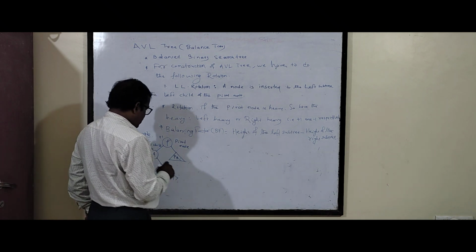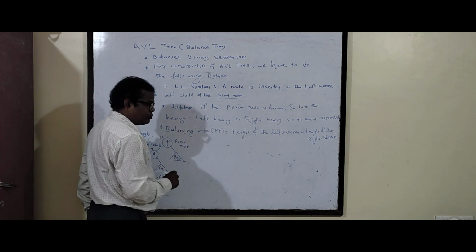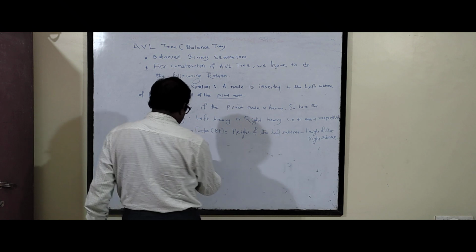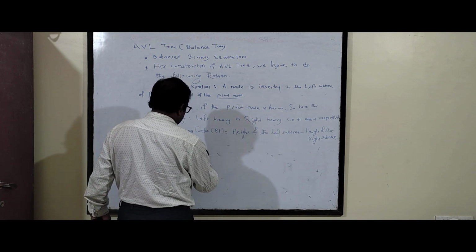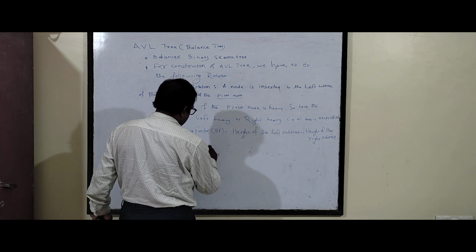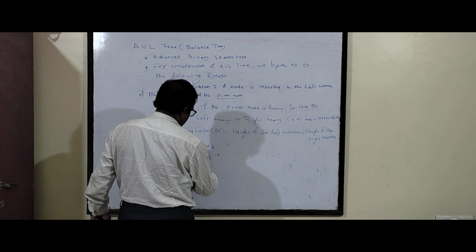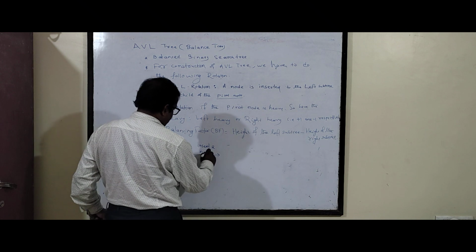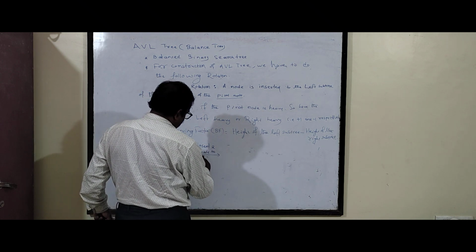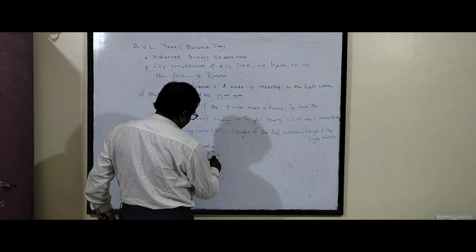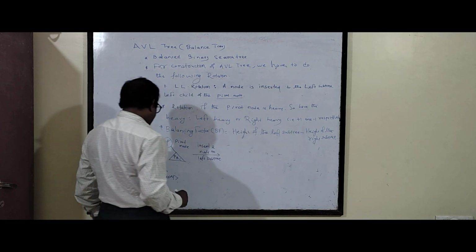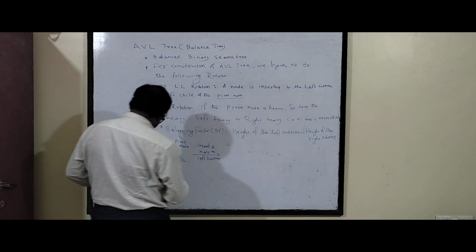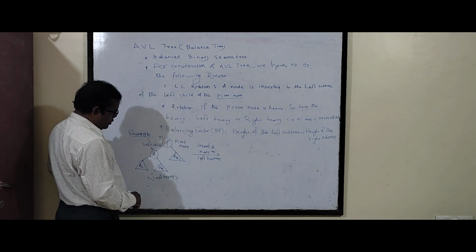Now I have to insert a node into the left subtree. So what will happen? This side will become heavy, yes or no?